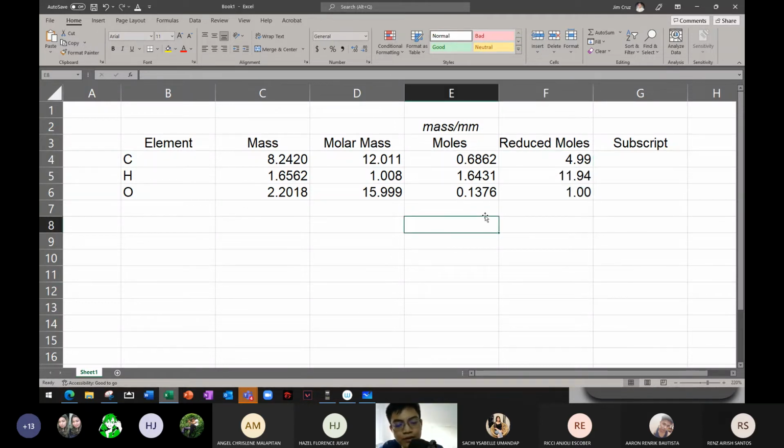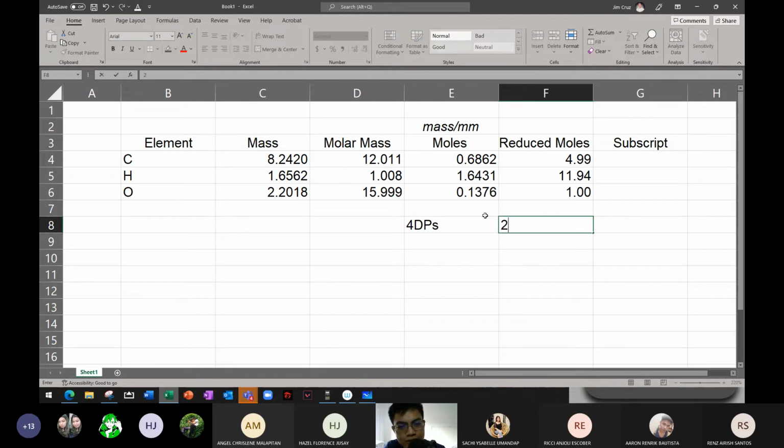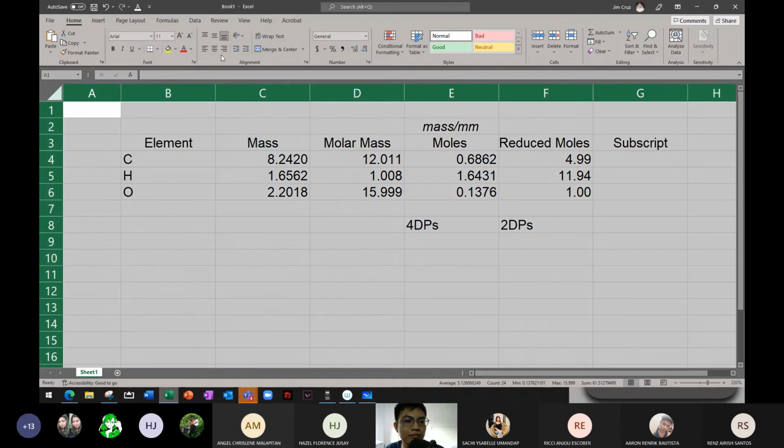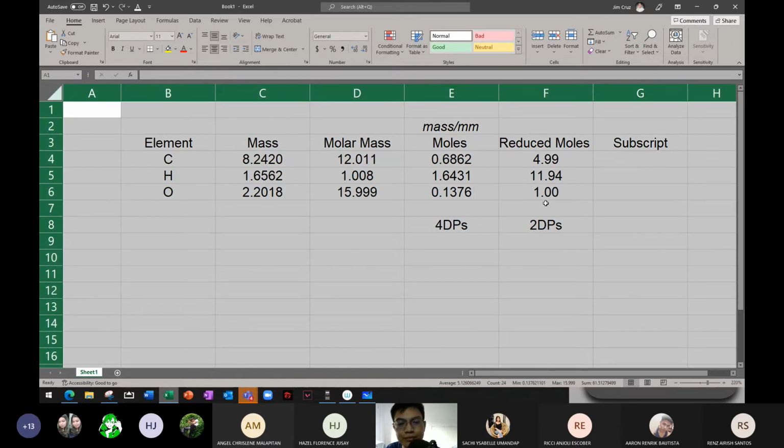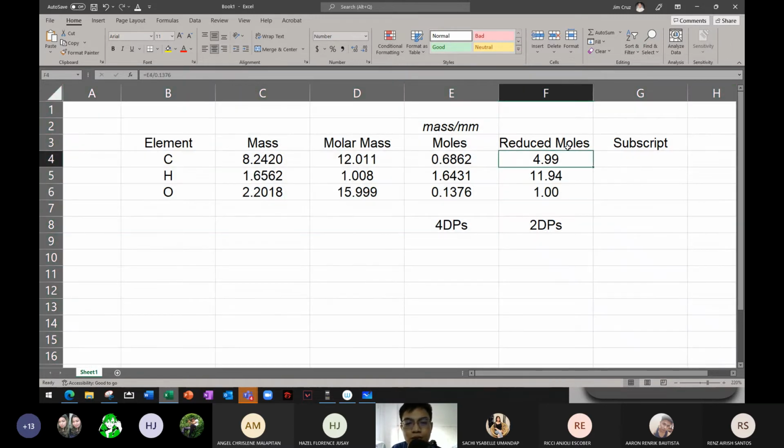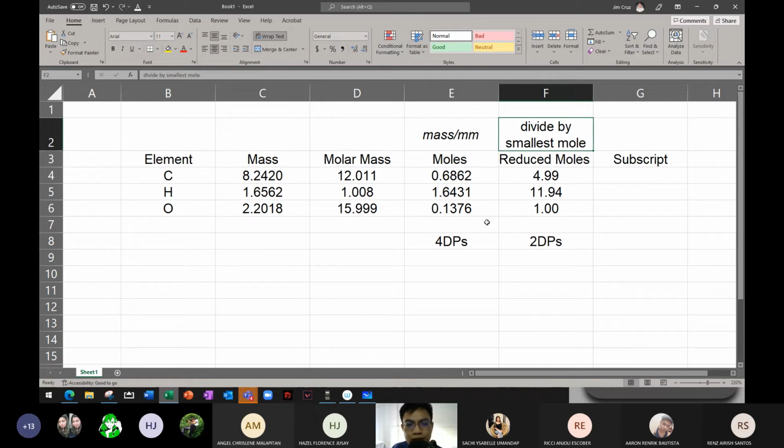So again, itong moles 4 decimal places yan. Ito 2 decimal places. So again, when I say reduce mole, divide by the smallest mole. So yan yung gagawin niya.